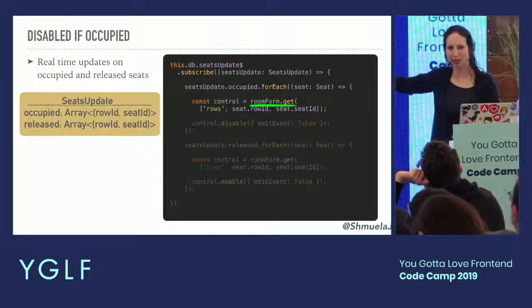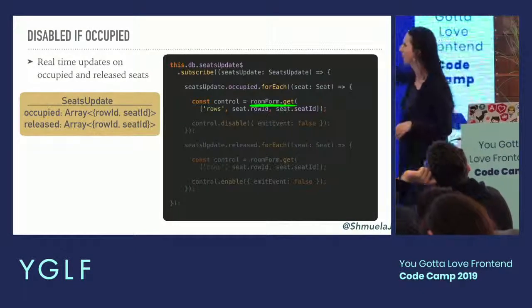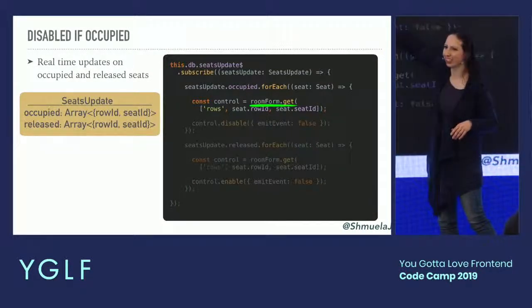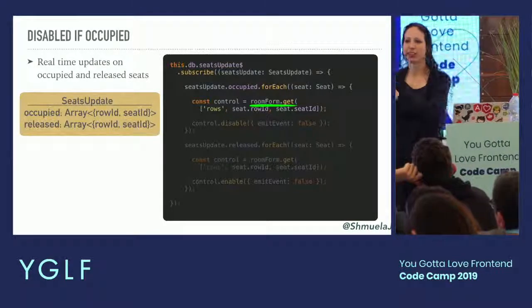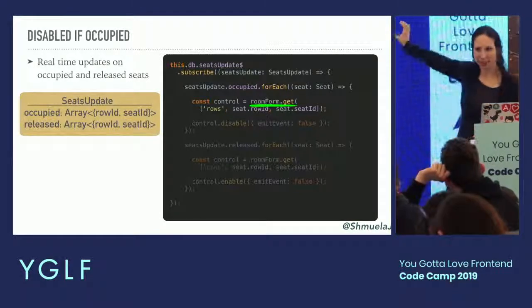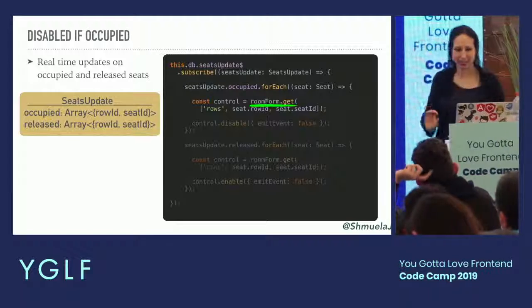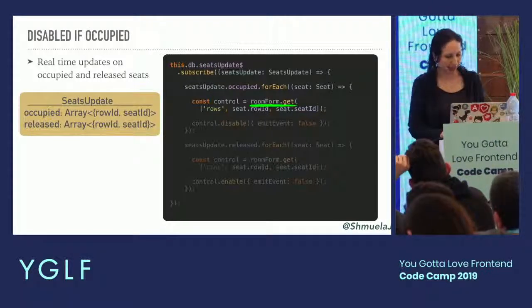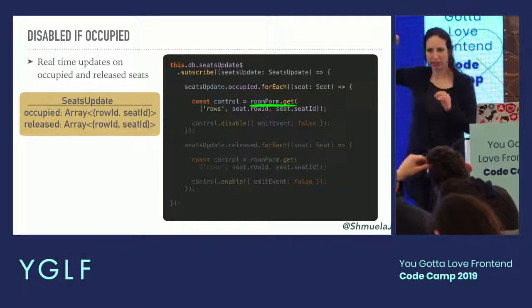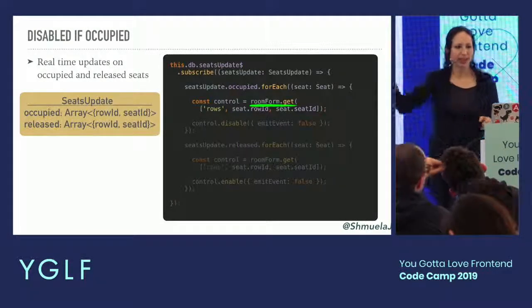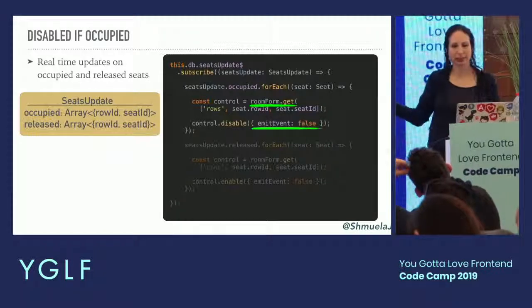If you check out the code later on, you'll see that I also have a seats string here, because I have additional stuff for every seat, for every row. So now I hold this specific control, and now I can just disable it.